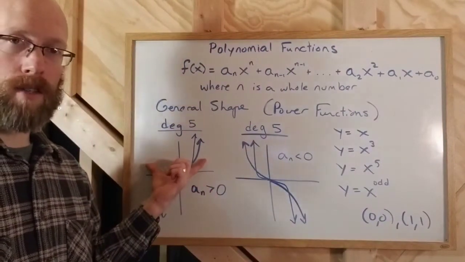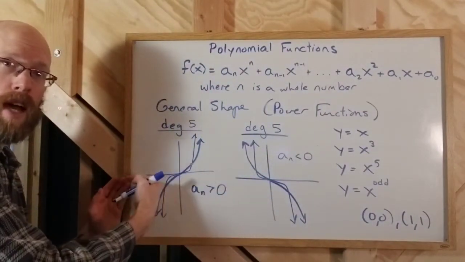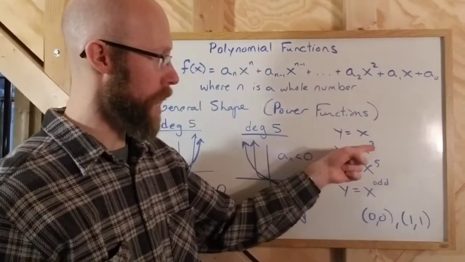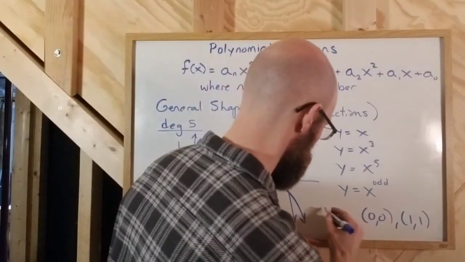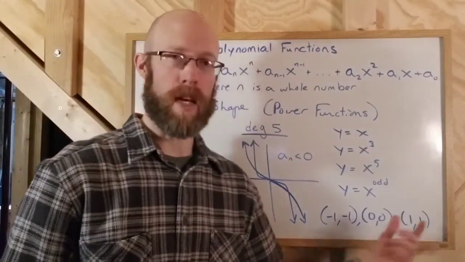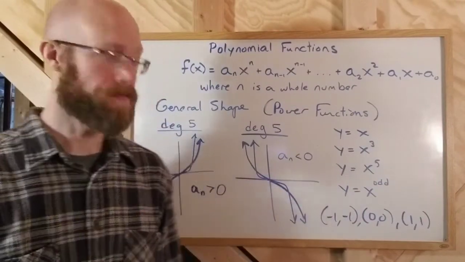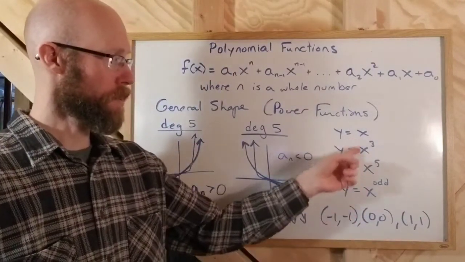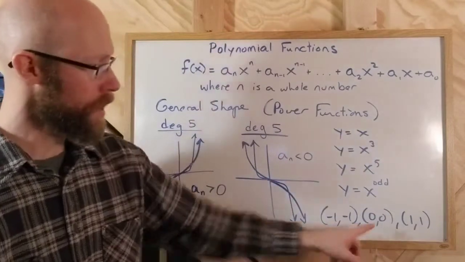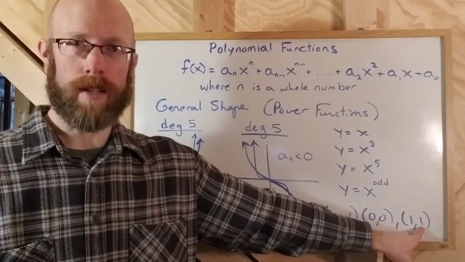And again, looking at the positive leading coefficient, if you look at the negative x values, all of the graphs will go through -1, because if you raise -1 to an odd power, you get -1. Okay, so you'd have (-1, -1) always on the graph as well. So these 3 points would be on the graph of every power function whose coefficient is 1. Now, if I multiply these by another coefficient like 7, if I had 7x to the 5th or 7x cubed, then that would just change these outputs to -7 and 7 on those 2 points, whatever the a sub n is.